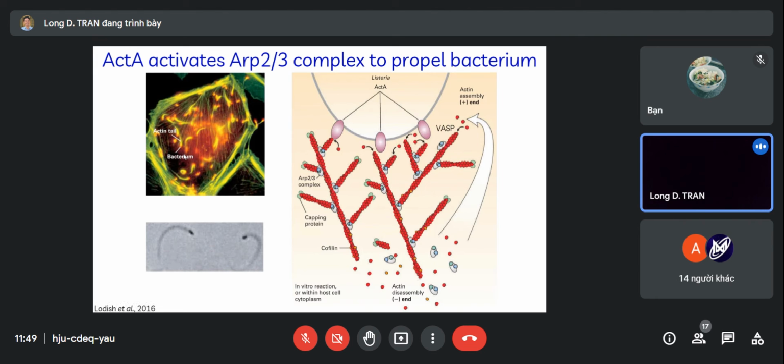And the reason for it is that Listeria monocytogenes, a bacterium that can cause Listeria disease, has a protein called ActA. So ActA is a nucleation promoting factor. And ActA can activate the Arp2/3 complex close to it. And the Arp2/3 complex can lead to formation of new actin and push the bacterial cell forward.